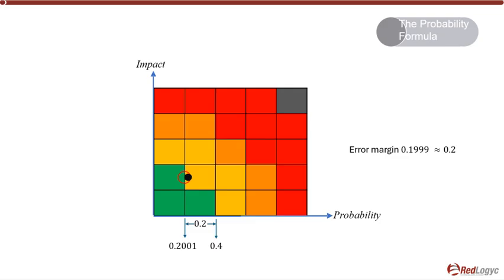This produces an error margin of about 20%. While here, moving from the yellow square to the next green one produces an error margin of about 0%. Squared probabilities do exist, but we have to know where they apply to avoid such results in our risk analysis.